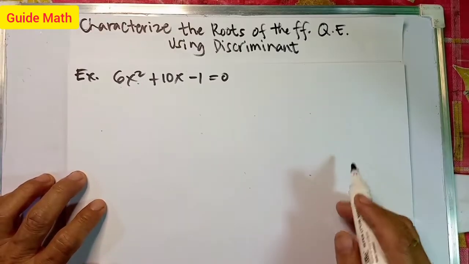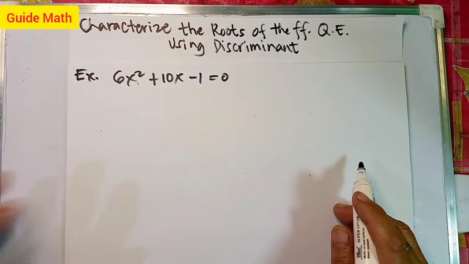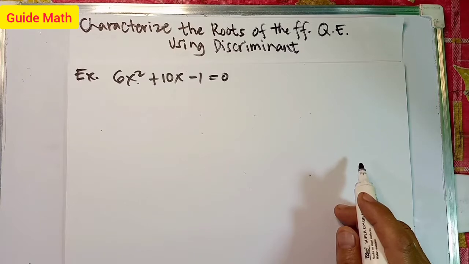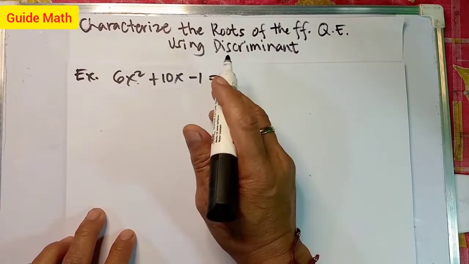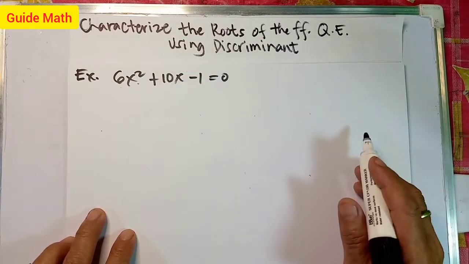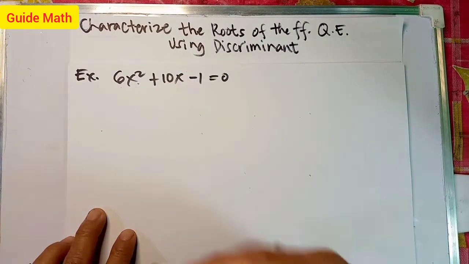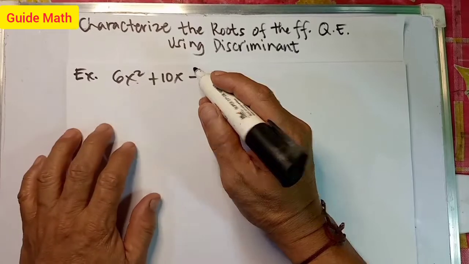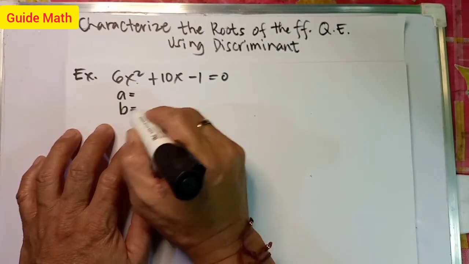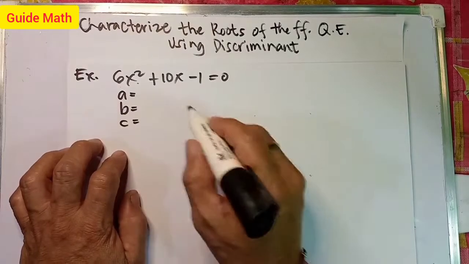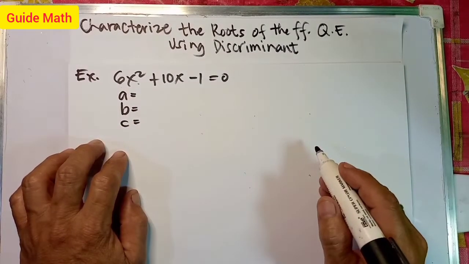Halimbawa, hindi ito nasa standard form, so ang gagawin natin is we need to transform that given equation into standard form before we use the discriminant. It is easy for us to determine the value of our a, the value of our b, and the value of our c since it is in standard form.